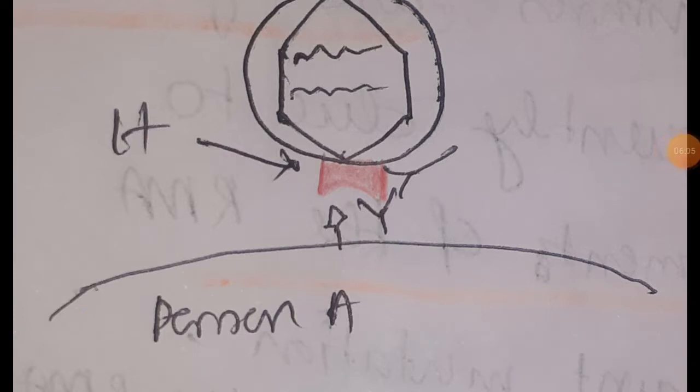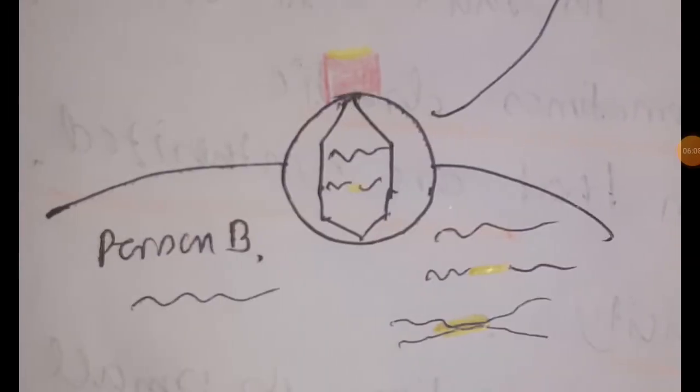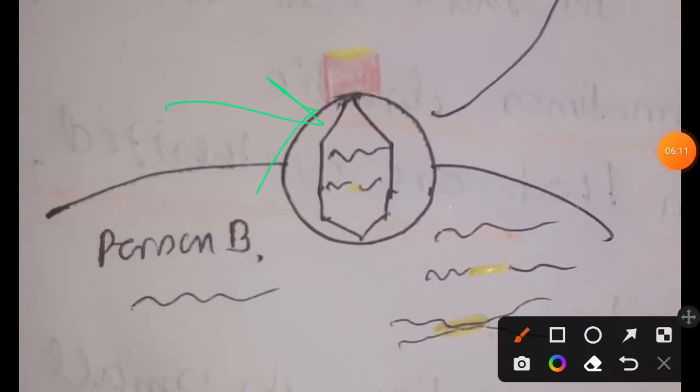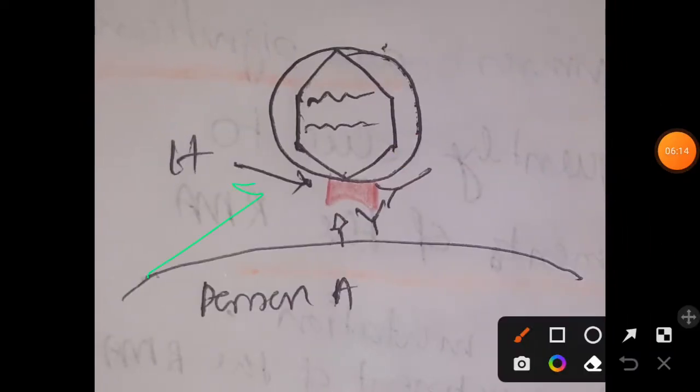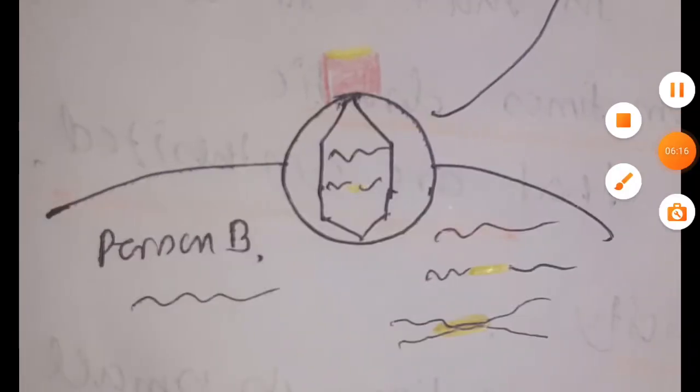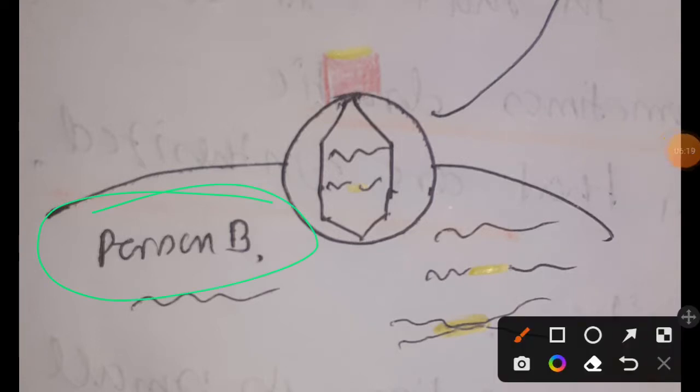Now let's consider another situation where the same influenza virus infects person B. We all know that after entry, the virus releases its genomic material into the cytoplasm, and this genomic material goes to the nucleus and replicates with the help of the host cell machinery, right? During this replication, let's say a genomic mutation occurs.